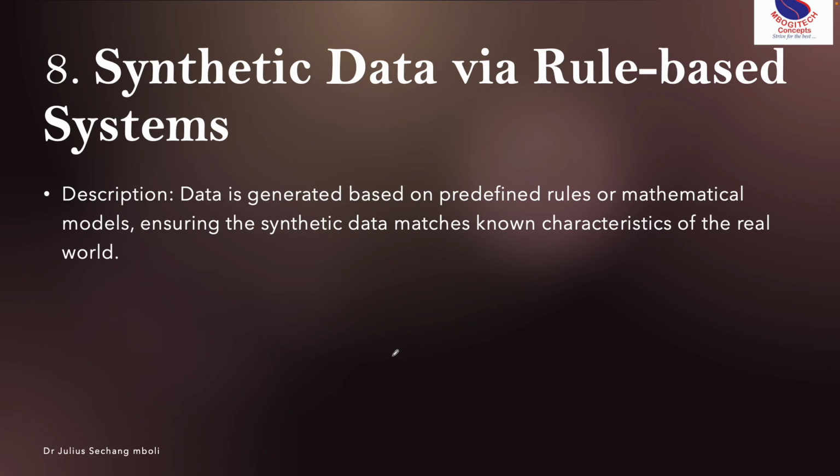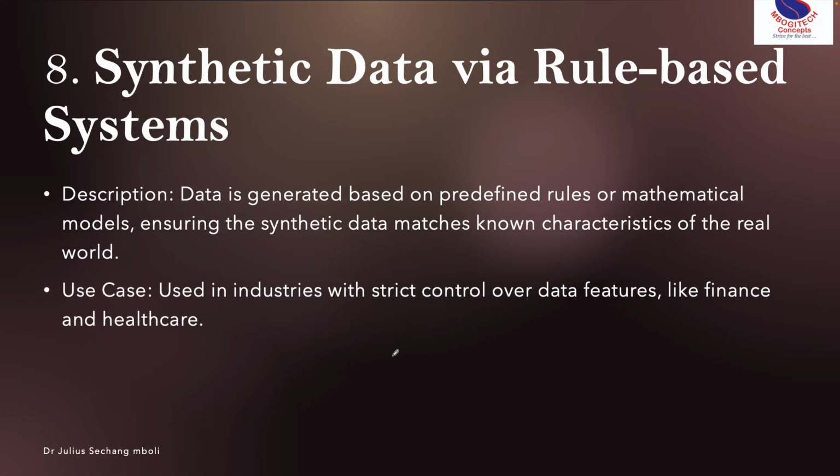You can use this method. The difference between this and number 7 is that these are not agents. But you do know the data set is real, so you can introduce some rules or mathematical models to ensure that the synthetic data you are generating is exactly the same as the real world data, or very closely resembles it.